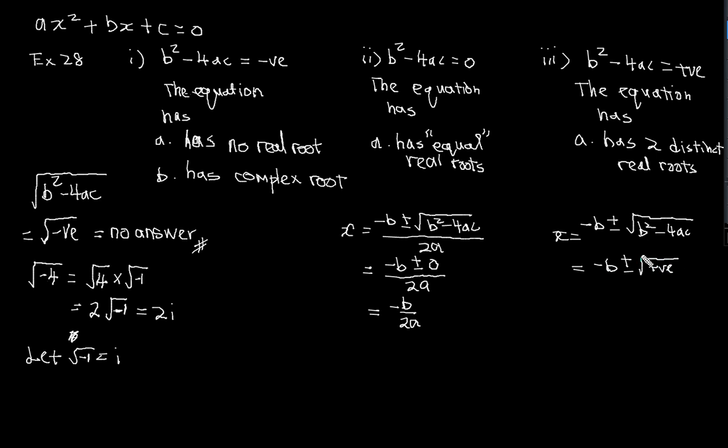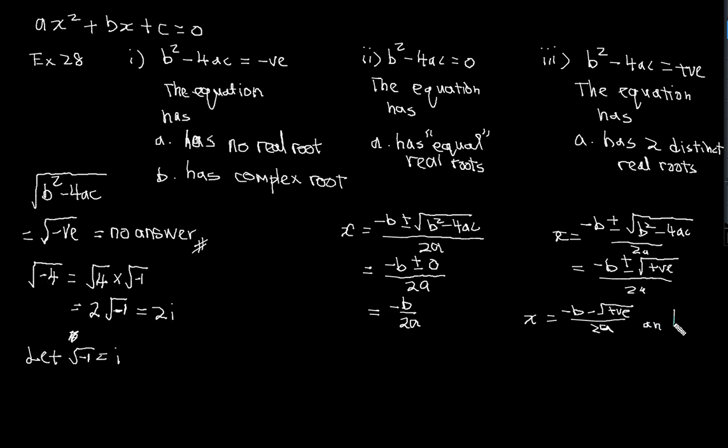So that is the answer for this, over 2a. Now, there are two answers. First, you have x equal to minus b, take the negative, there's a positive value inside, over 2a. That's the first answer.